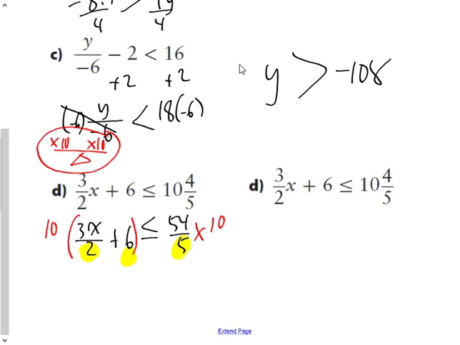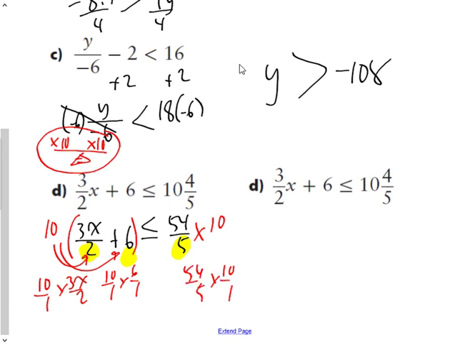This is not an equality. This is for equalities, but this is an inequality. And if I multiply this side by 10, each of these terms is multiplied by 10. Which will mean I will have 15x plus 60 is less than or equal to 108.